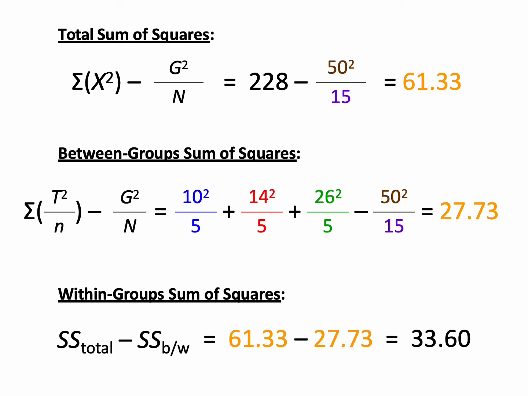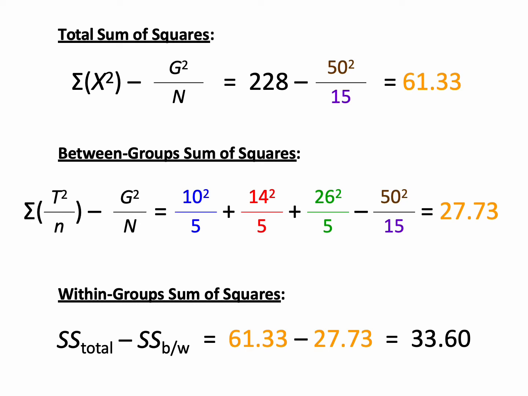In the first part of the formula, we are summing up T squared over n. All we need to do is get T1, T2, and T3, square those values, and divide them each by the n of each group.